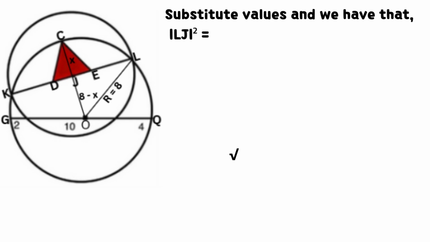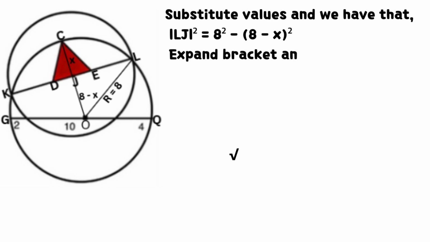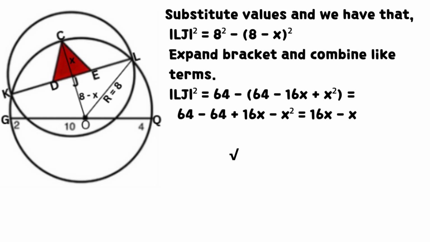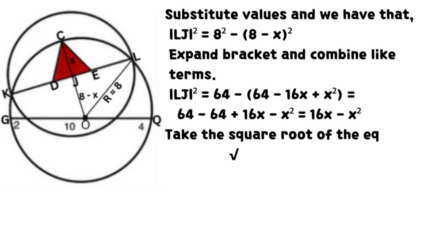Substitute values and we have that the square of line LJ equals the square of 8 minus the square of 8 minus X. Expand the bracket and combine like terms. Then simplify so that the square of line LJ equals 16X minus the square of X, as shown on the screen.